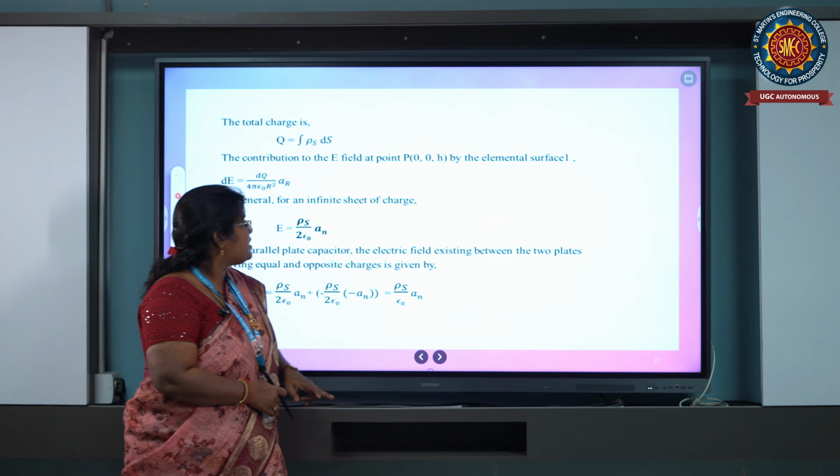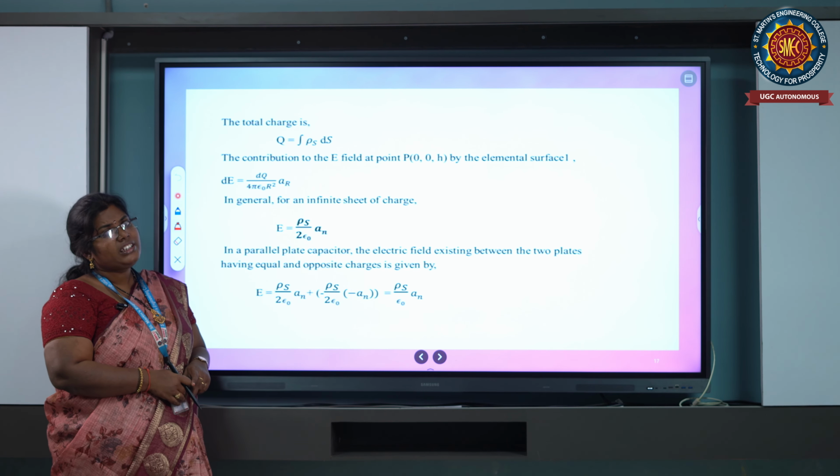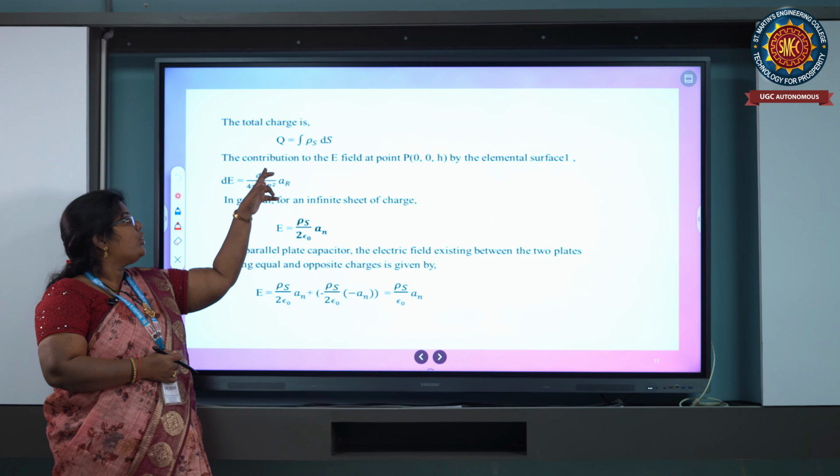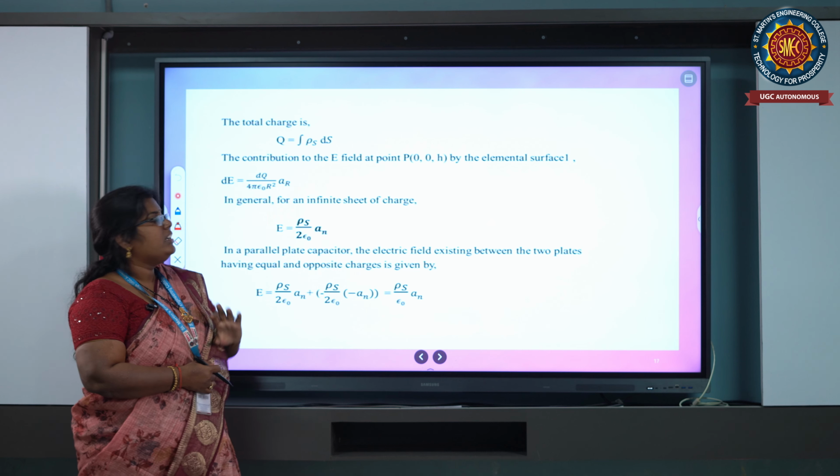And next, this formula can be denoted the same as earlier for the line charge, q equal to integral rho L dl. Similarly, q equal to integral rho S dS.